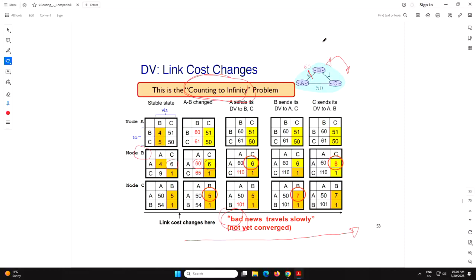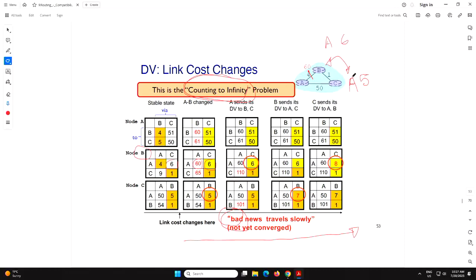Now B is saying that I can go to A with cost of 6 via C, because from B to A the direct cost is very high, so it accepts it, right? And C had this information that it can go to A with cost of 5, and because it advertised it to B, B has updated its information from A4 to A6. Is that clear?